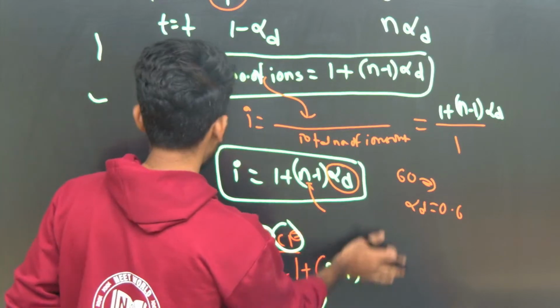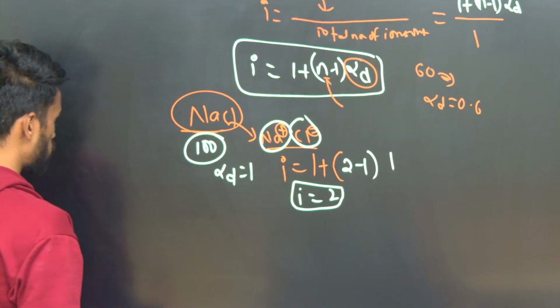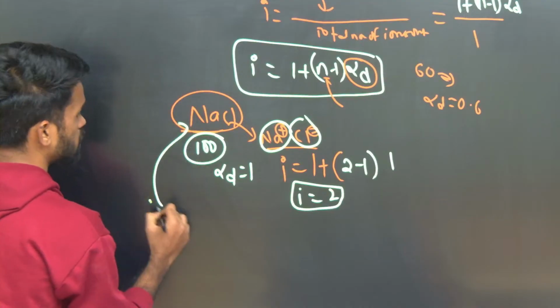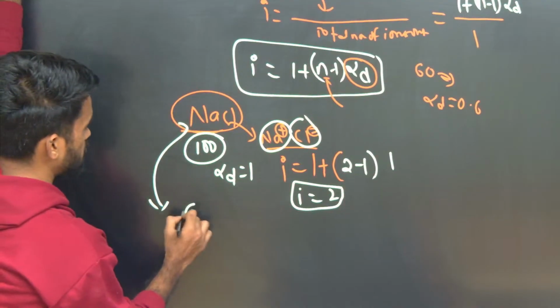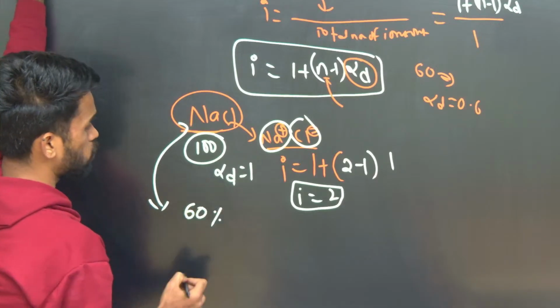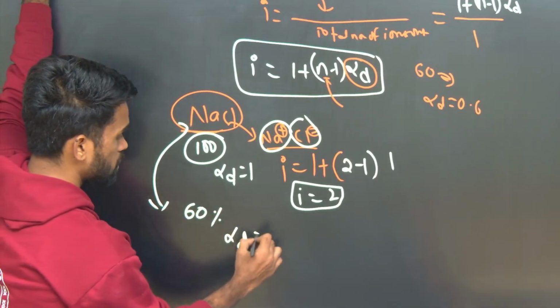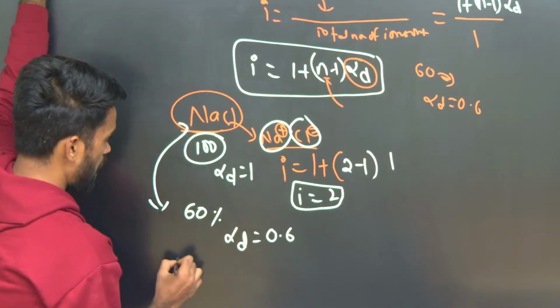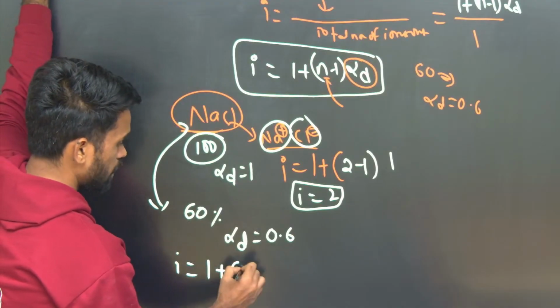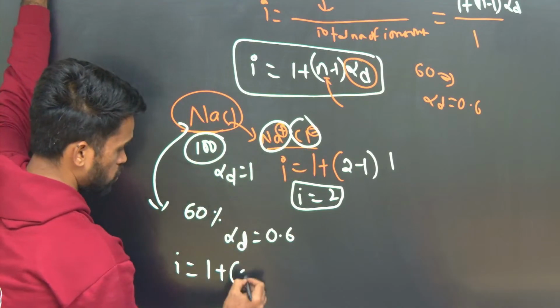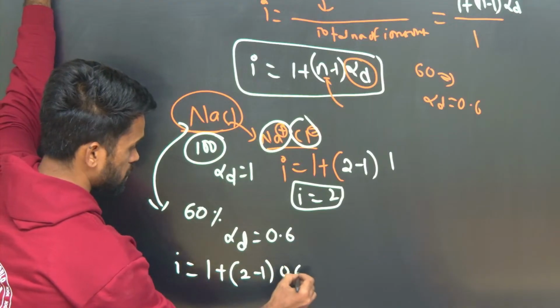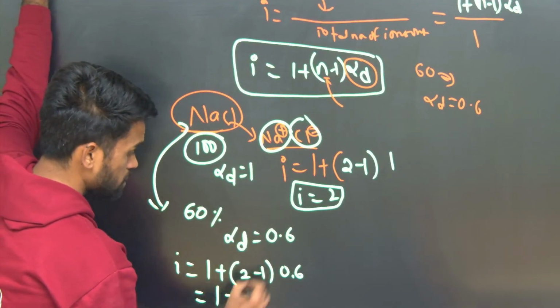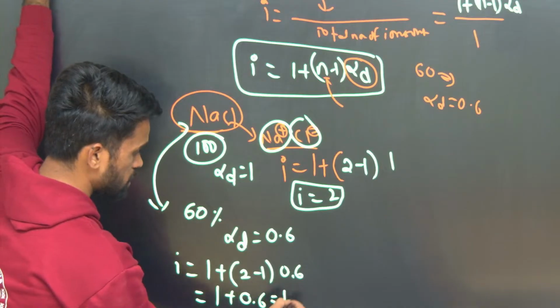Okay, if the same electrolyte is undergoing only partial dissociation, of around 60% dissociation, what could your answer be? Alpha d becomes 0.6. Then i will be 1 plus n, n is how much? 2 ions. 2 minus 1 into 0.6. It means 1 plus 0.6, you can say 1.6 will be your answer.